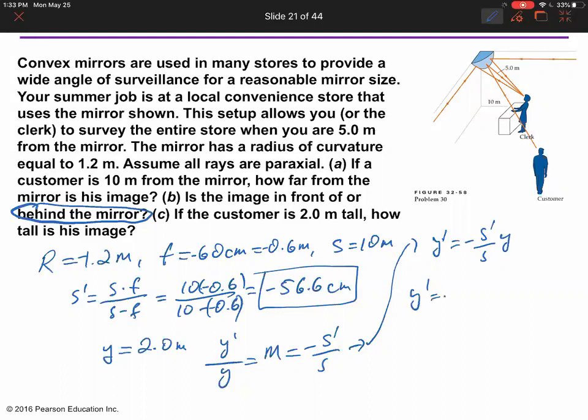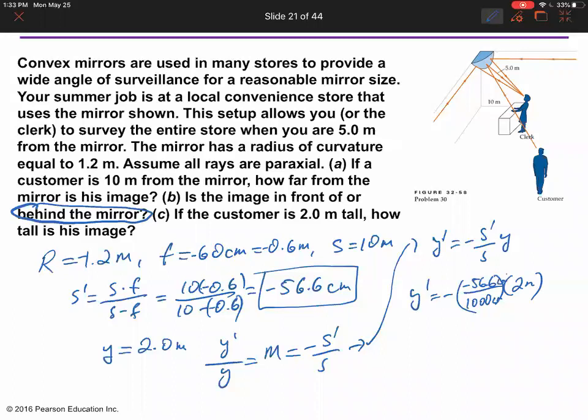So y prime equals negative s prime over s times y. Then y prime equals negative of s prime, which was negative 56.6, over s, which, let's say is 10 meters, so 1,000 centimeters if I keep it in centimeters, times 2 meters.